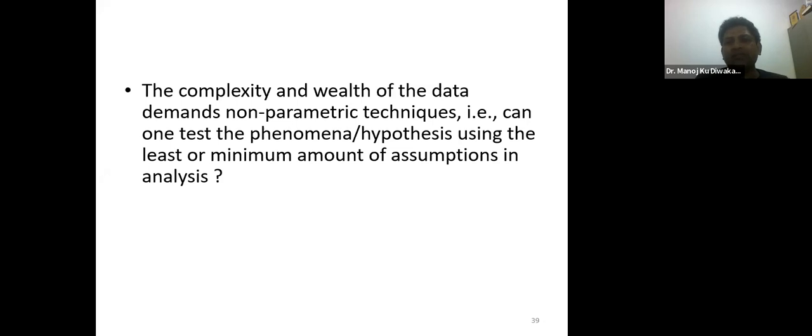You will get complex data that is not normally distributed, and the variances of the two samples are not equal. One can test the phenomenon or hypothesis using the least or minimum amount of assumptions in the analysis. Here we don't bother about the assumptions, so that's why we use the non-parametric methods.